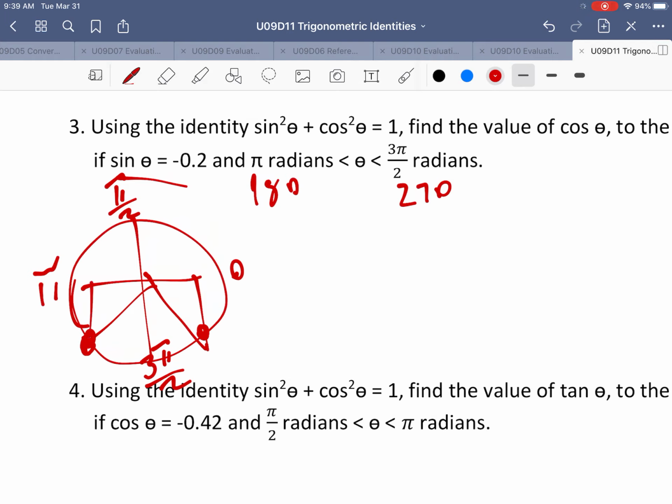But they pretty much said that we should be between pi and 3 pi over 2, so that means we're going to be over here. Which means our x value, which is what we don't have, because cosine is our x value, we have our y value. Our x value has to be negative.